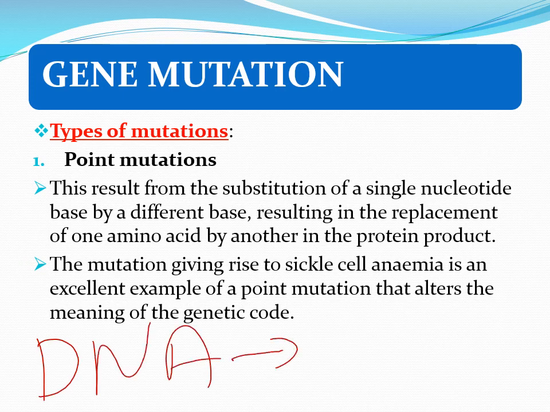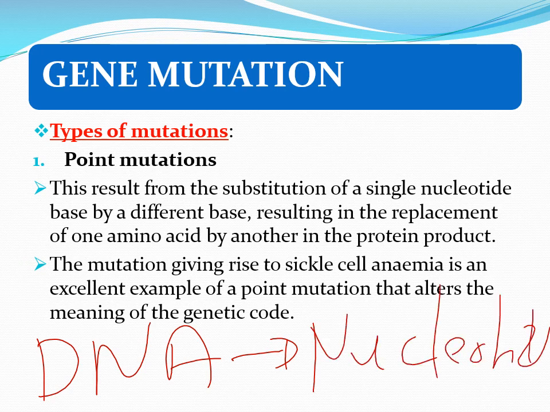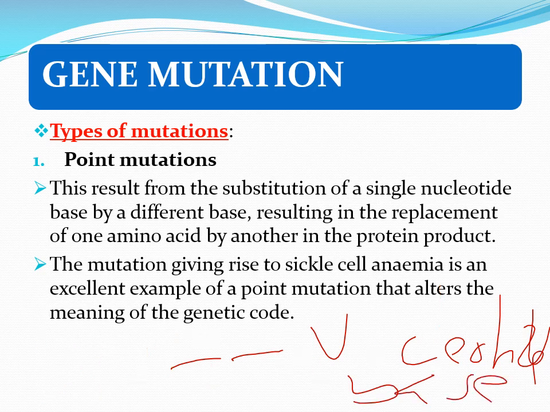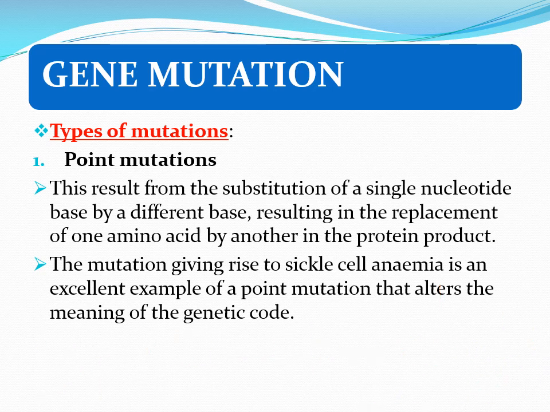The DNA and the RNA are both made of nucleotide bases. Do you remember the nucleotide bases? The DNA has nucleic acid, and the nucleic acid has nucleotide bases. Okay. Do you remember the nucleotide bases?